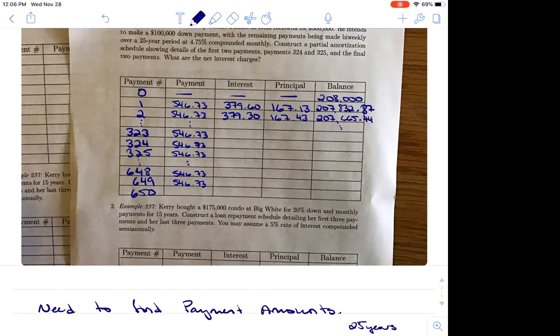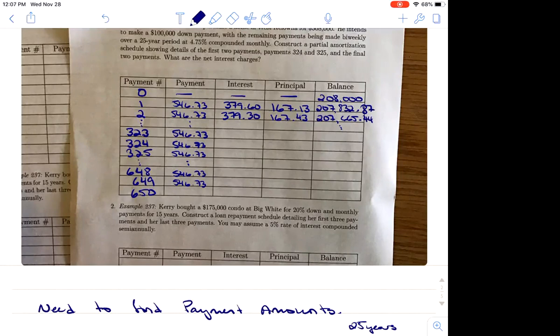Regardless of which row I want to show, I need to know the balance on the previous row, because we use that balance to figure out the amount of interest that we have to pay. And then from there, we'll know our principal amount, and then we can figure out our new balance.